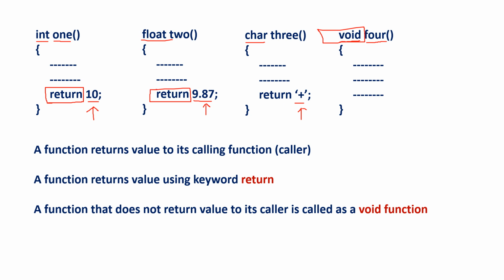Next point, a function that doesn't return a value to its caller is also called a void function. Now see this example. Out of these four functions, which function is not returning a value to its caller? That is the four function. This function is not returning any value to its calling function. Now the four function is called a void function.